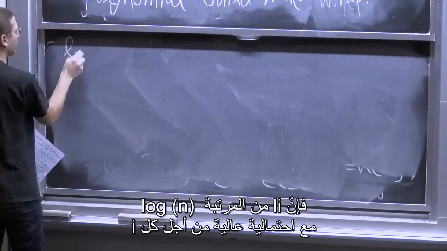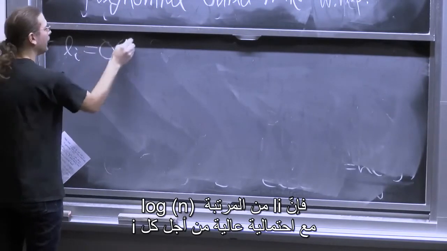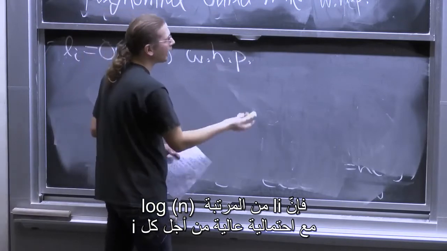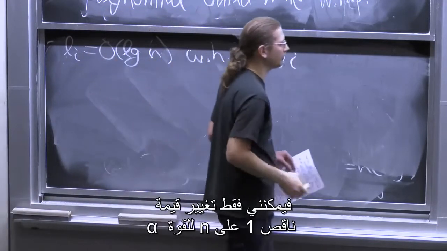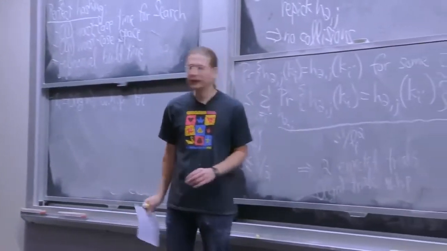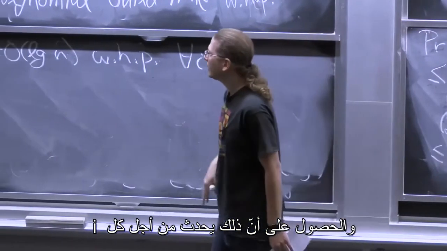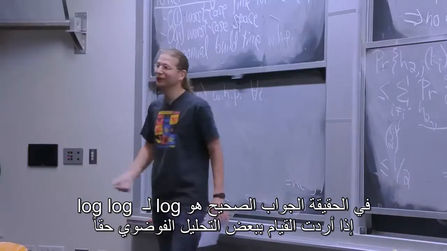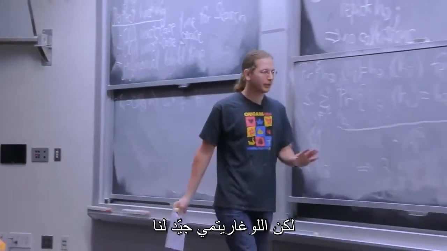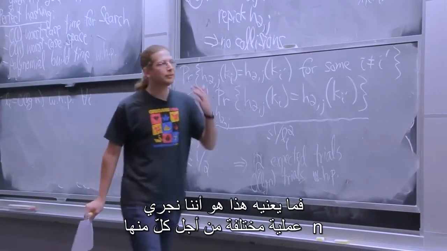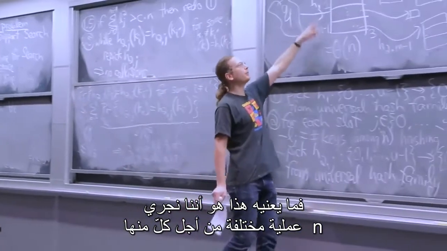So Li is order log n with high probability for each i and therefore for all i. So I can just change the alpha in my 1 minus 1 over n to the alpha and get that for all i, this happens. In fact, the right answer is log over log log if you want to do some really messy analysis. But logarithmic's fine for us.